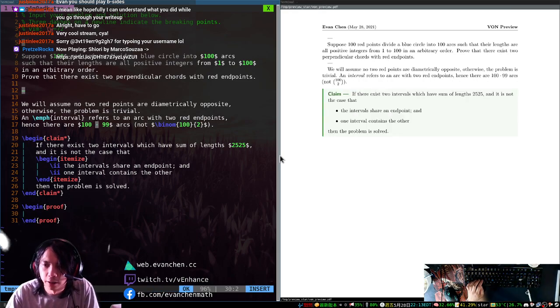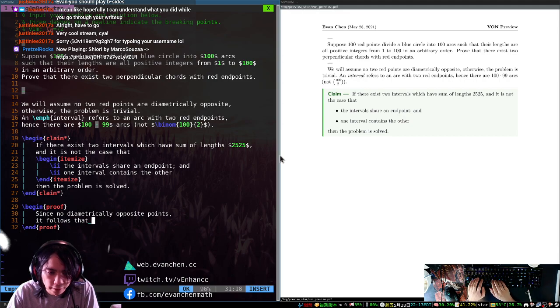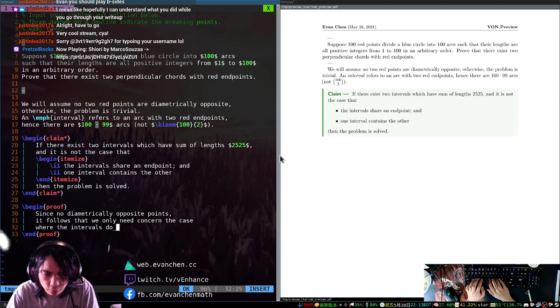And the reason is that we assume no two points are diametrically opposite, so we only need concern the case where an endpoint is shared.